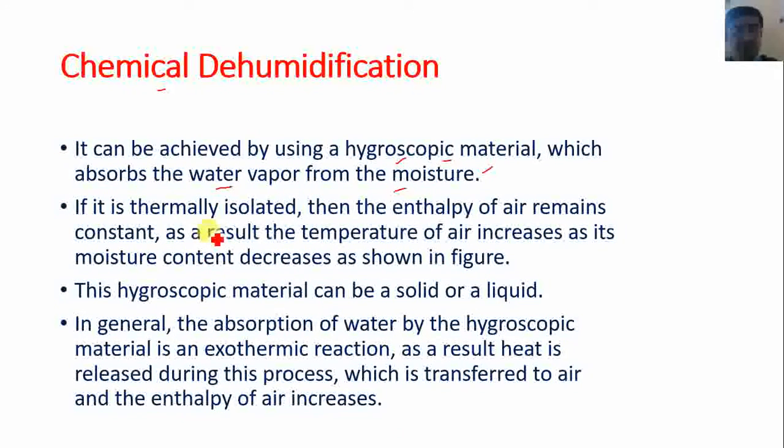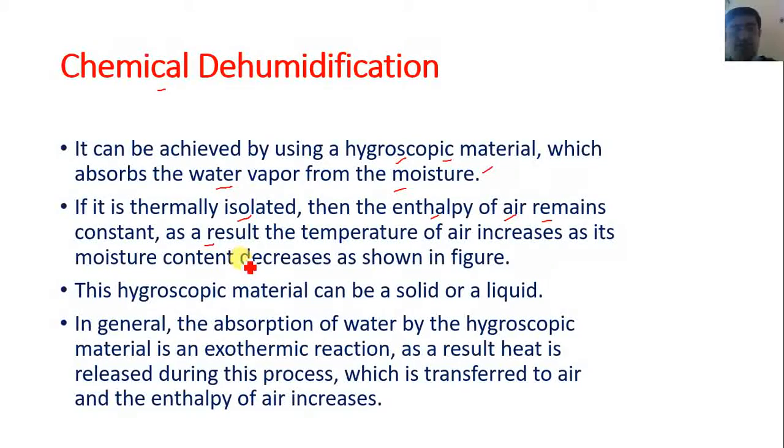So if it is done in thermally isolated conditions, then what happens? The enthalpy of air remains constant, because it is thermally isolated. It means that no heat transfer takes place during this process. So the enthalpy of the air remains constant during the whole process if it is done in thermally isolated conditions.